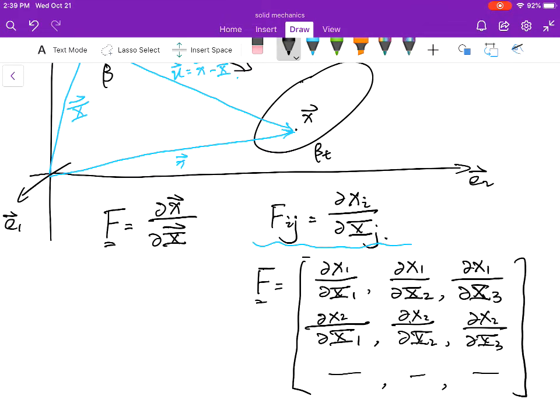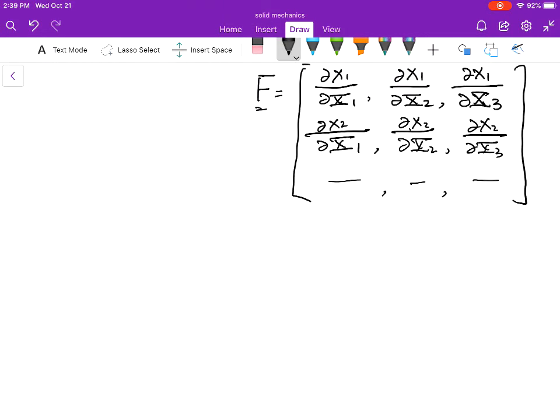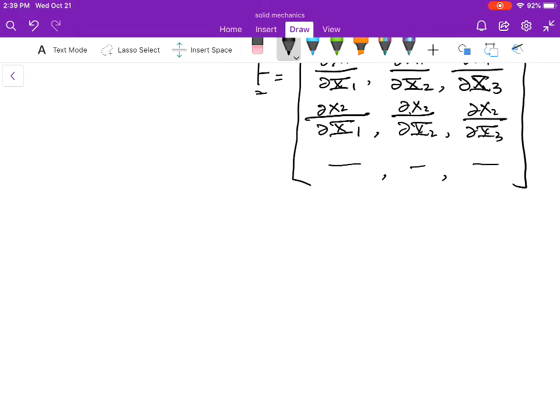Okay, now let's consider a very simple case: a simple shear deformation.